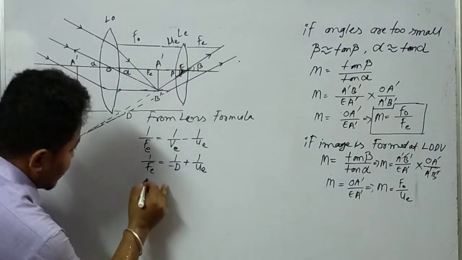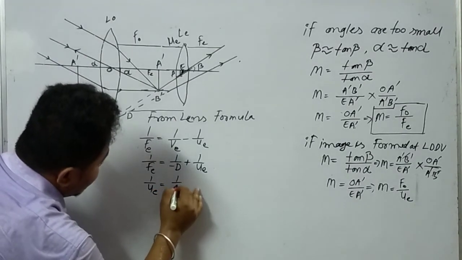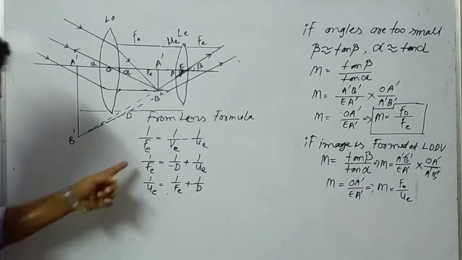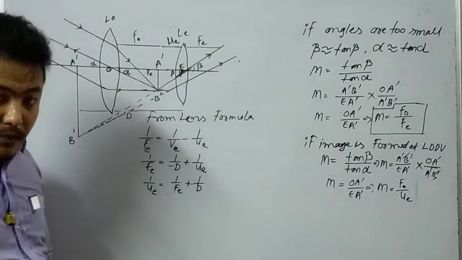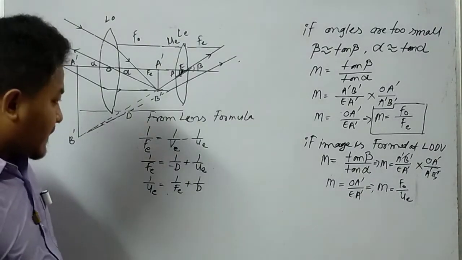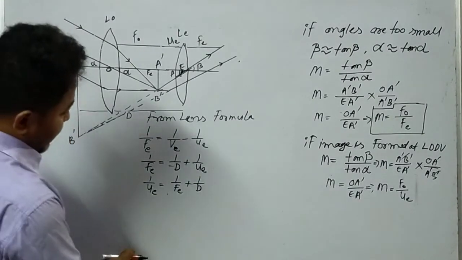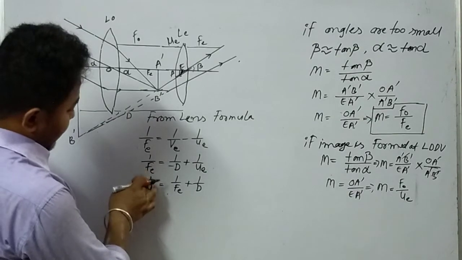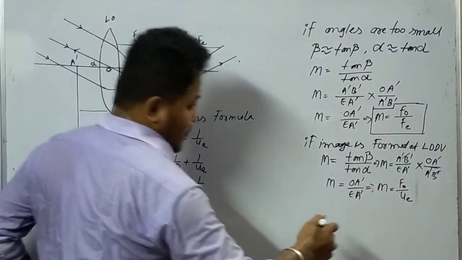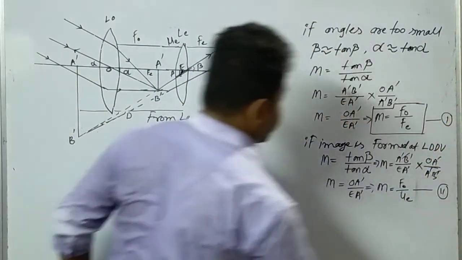So if I write here, 1 by ue is equal to 1 by fe plus 1 by D. Now, as you can see here, what is this equation? 1 by ue is equal to 1 by fe plus 1 by D. Now, from these equations, you can give some names. This is suppose number 2 and this is suppose number 1.